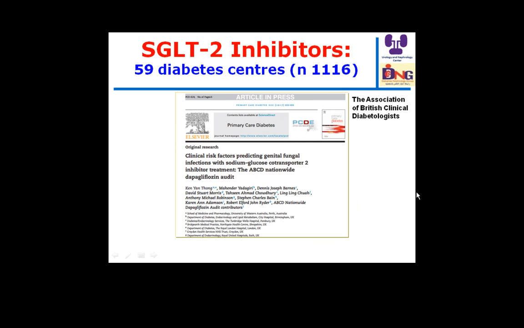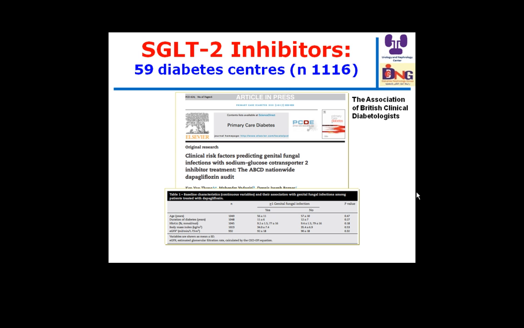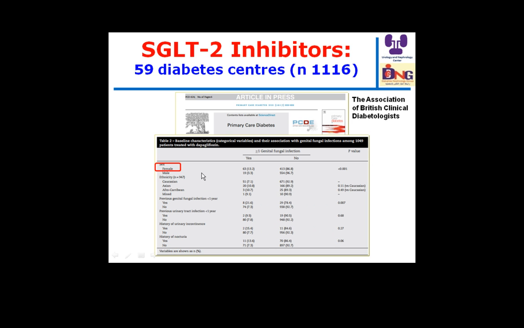This other study addressed the ABCD, the Association of British Clinical Diabetologists, regarding the clinical risk factors predicting genital fungal infection with dapagliflozin. Here, if you look, this is the demographic data. There is no significant difference between those who had genital infection or not. But female sex may be a risk factor.